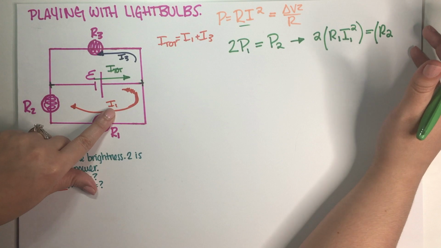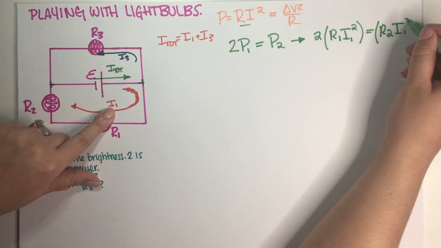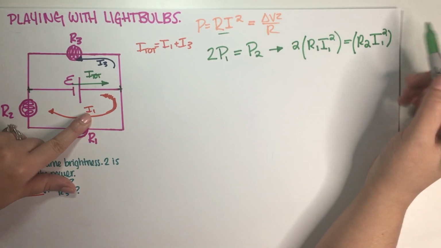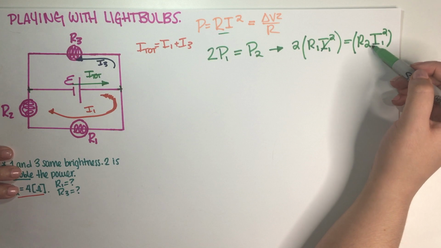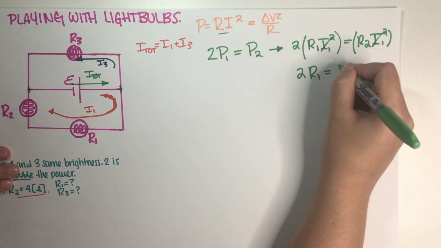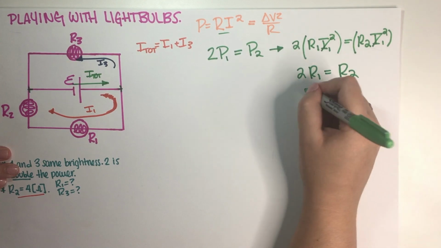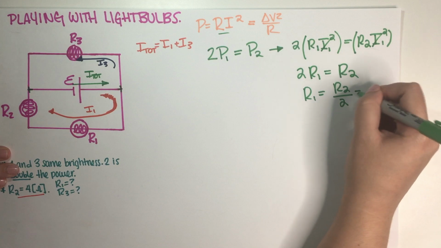R2 is also being hit by I1, so I get to do I1 squared again. So basically these two are going to cancel out. So we have 2 R1s equal to R2. So R1 is equal to R2 divided by 2.